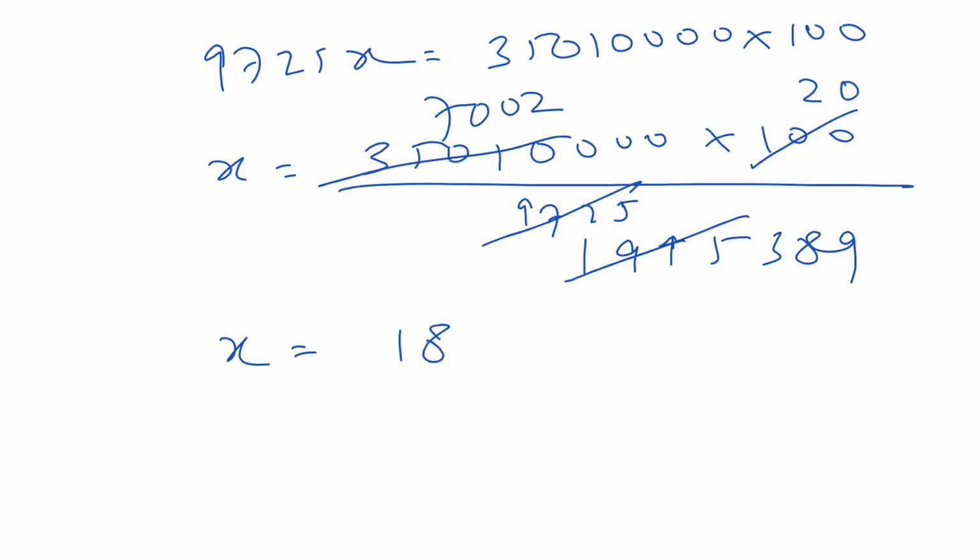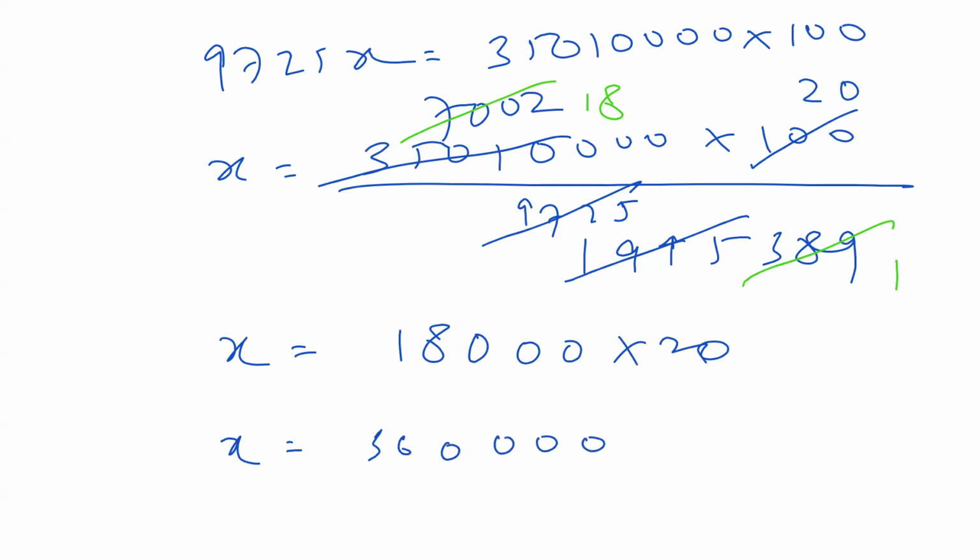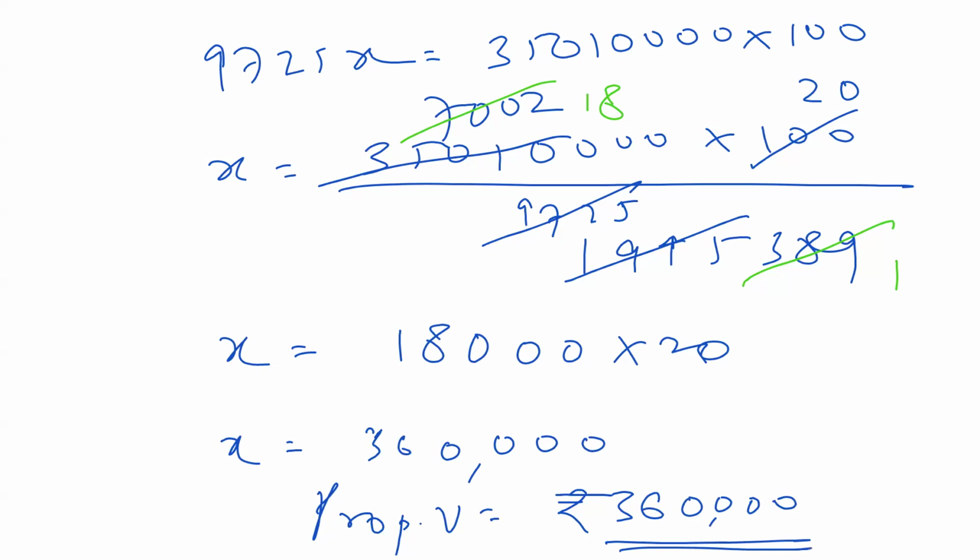So this value is 18. Then we are putting three more zeros into 20. So x is equal to 36 and four zeros. So actual policy value is 3,60,000. I'm sorry, actual policy value, right? That's what we are calculating. X is the policy value, actual policy value.